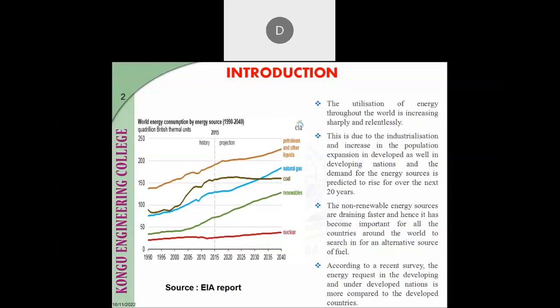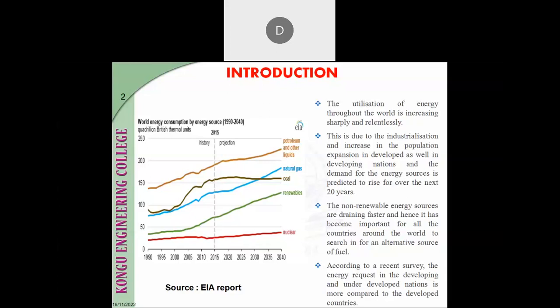It shows the usage of nuclear energy sources and renewable energies, and also coal, natural gas, and other products like petroleum and other liquids. Surely it is going to increase. That is what the schematic representation shows.